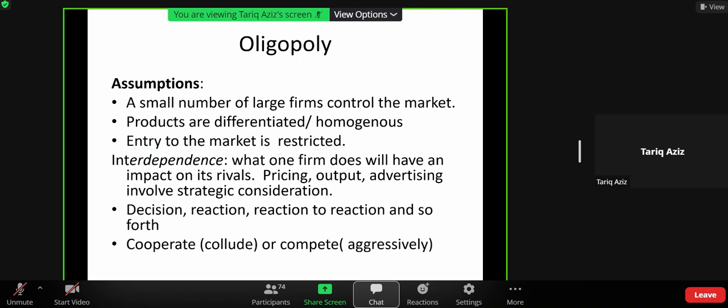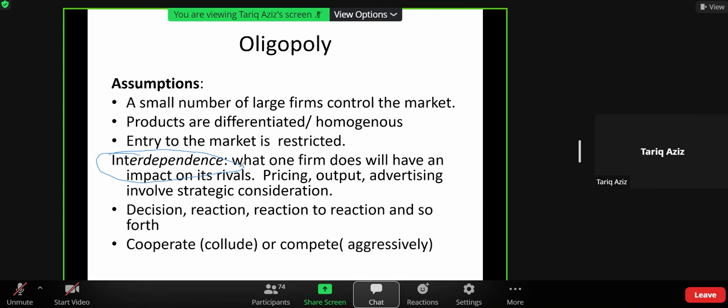The main feature of an oligopoly market is interdependence. Interdependence here means that any business decision that one company takes in an oligopoly market has an impact on the decisions and performance of the other companies operating in that market.